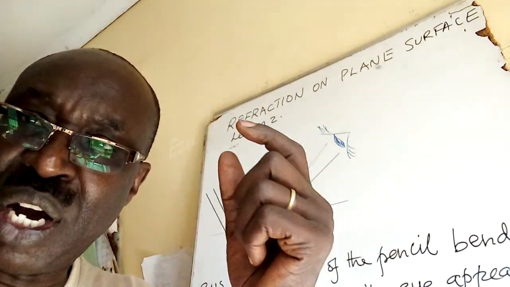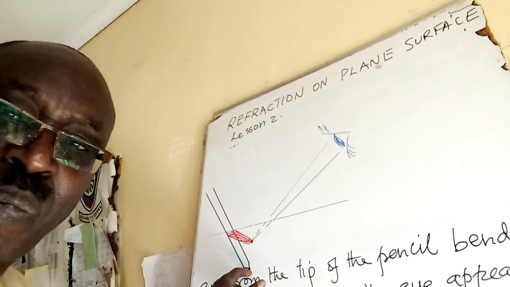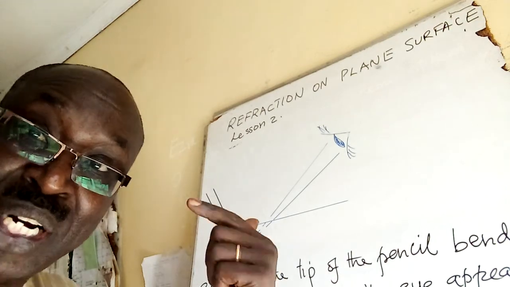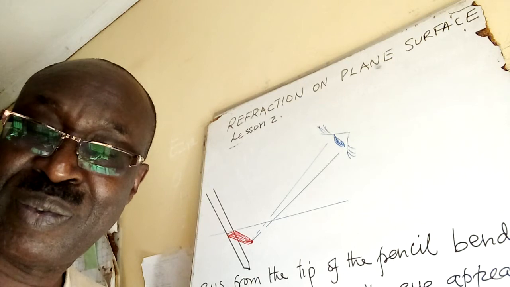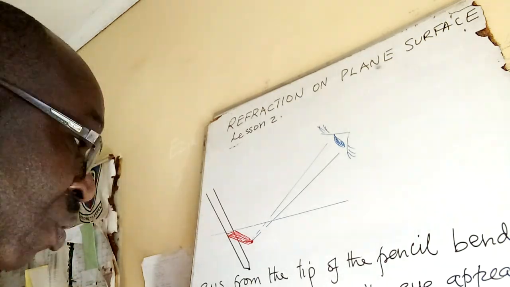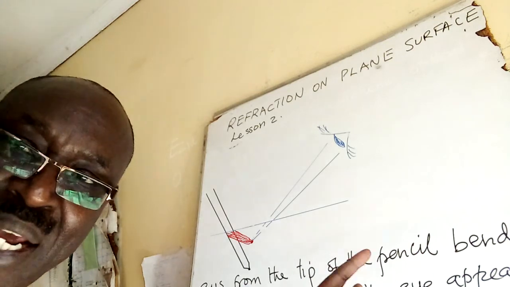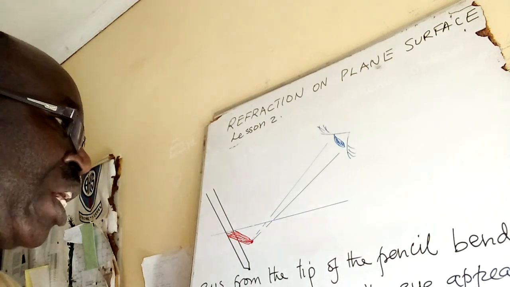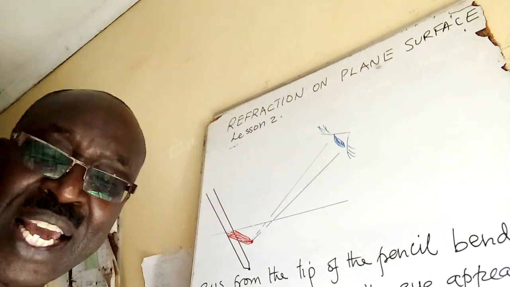So for us to see the tip of the pencil, the rays from that tip must reach our eyes. Then we can say that is the tip. Okay? So, rays from the tip of the pencil bend at the surface. But to the eye, the rays appear to be in a straight line.